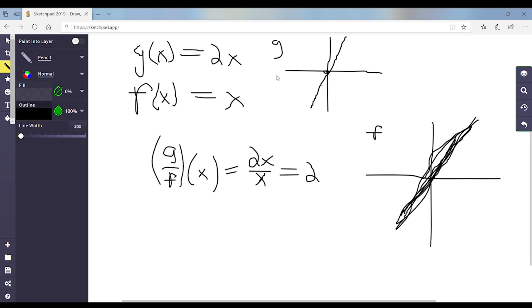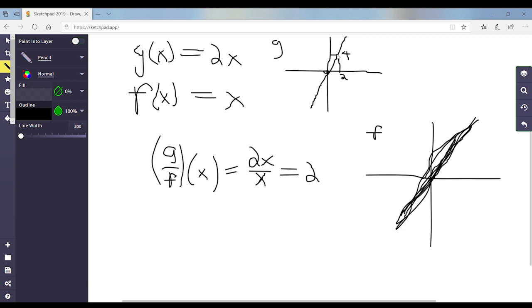Now let's visualize the changes of both of them. Let's see with g. So let's say this is your point 2. At x equals 2, what would y be? It would be 4. Now, when we combine it with f and divide by f, at every single point we're going to be dividing by whatever that x value is.